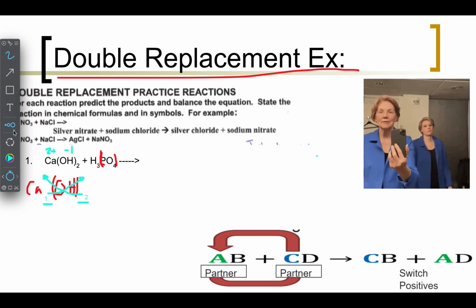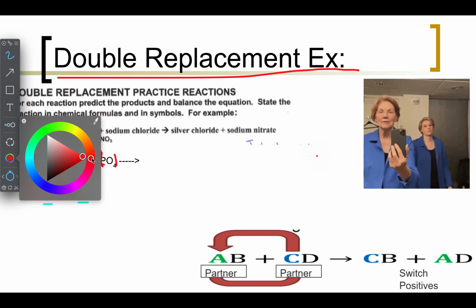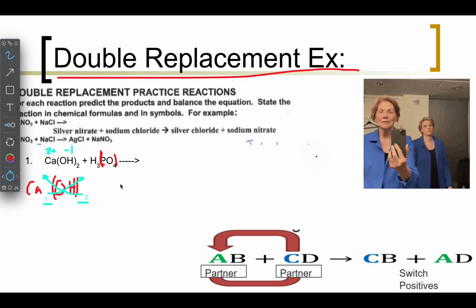So let's do that over here for this one. Let me go back to red. So we have H3(PO4) in parentheses. So even though H is a nonmetal, it has a positive charge, and that's a little bit different, but it is important to remember H is going to have a positive charge, and that is apparent on the periodic table if you double check that.